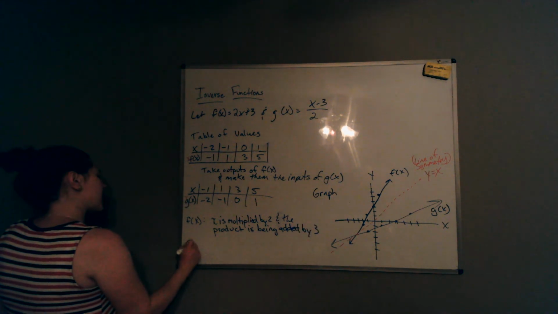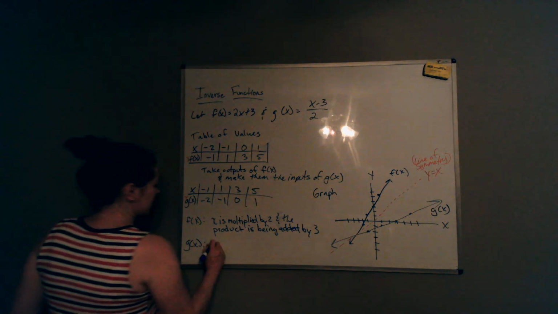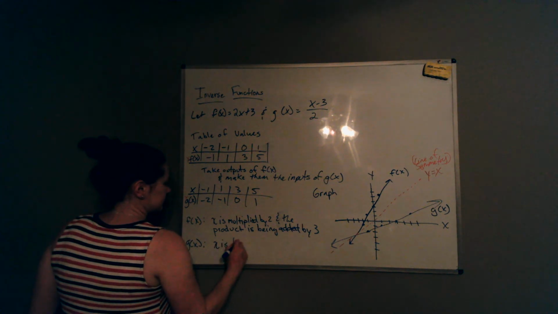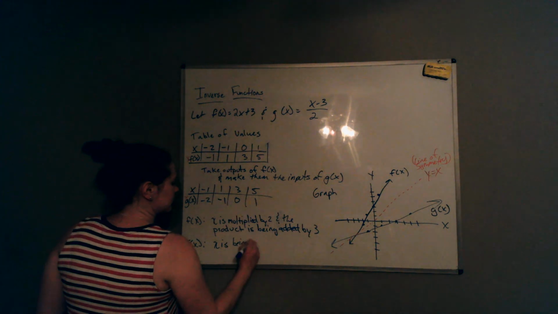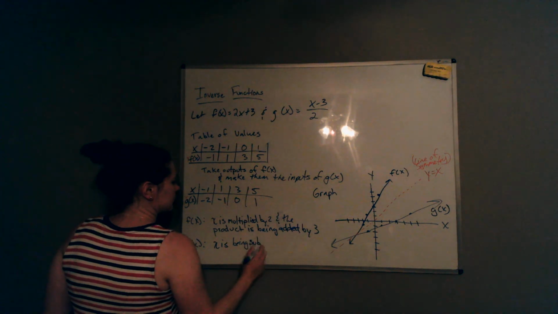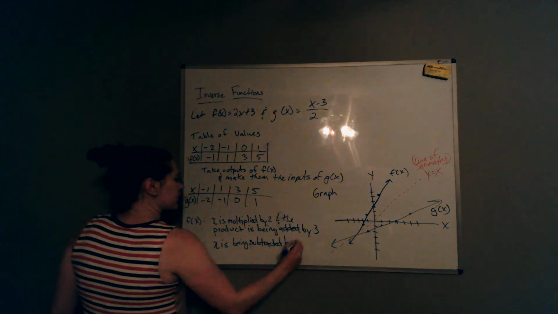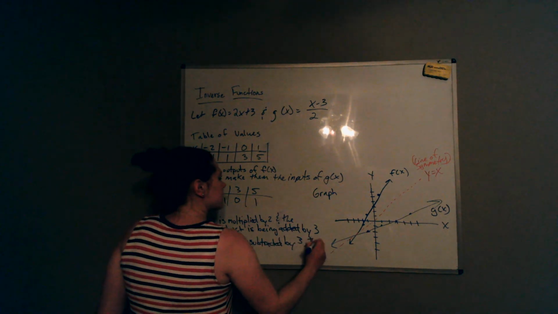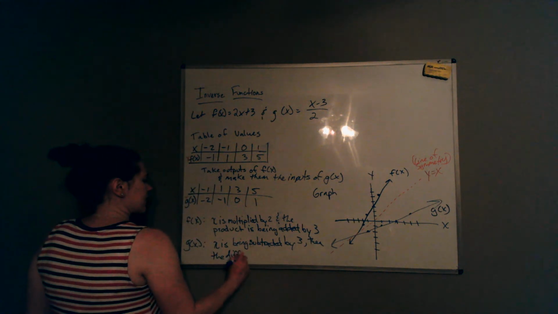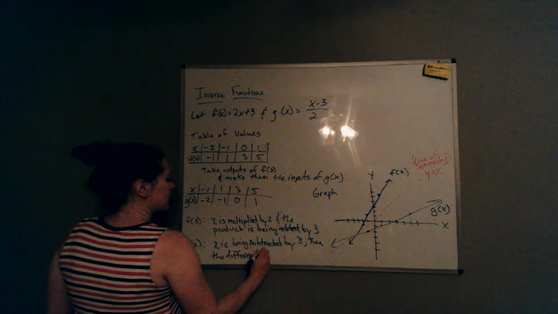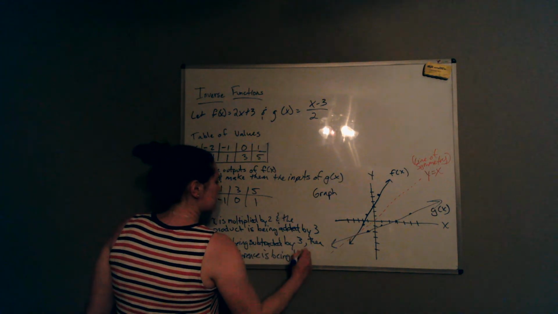And in g of x, x is being subtracted by 3, and then the difference is being divided by 2.